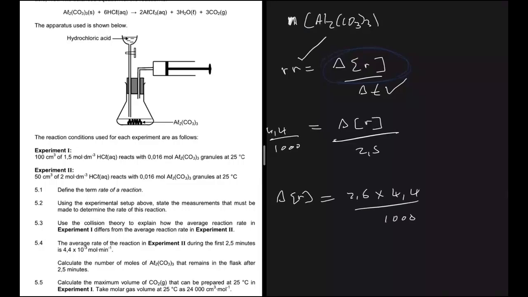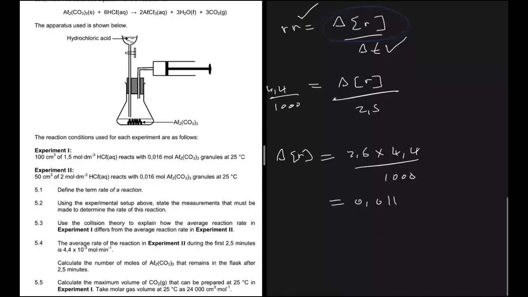So let me put that in my calculator real quick and see what I'm getting. So we have 2.5 multiplied by 4.4 divided by 1000.